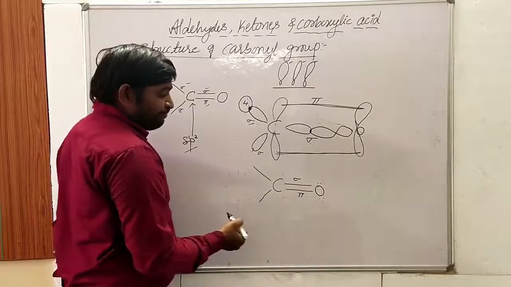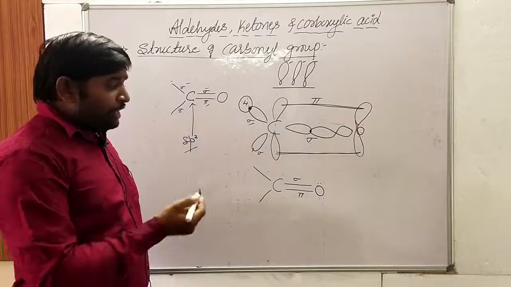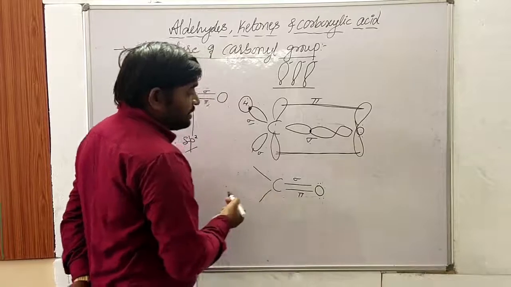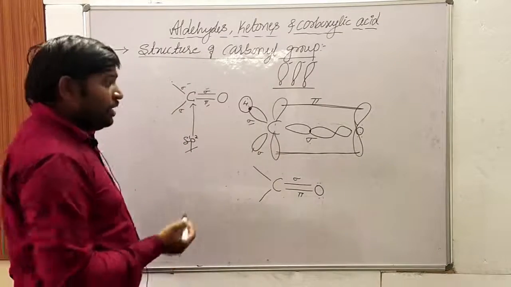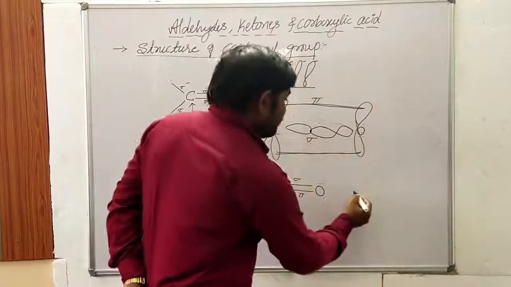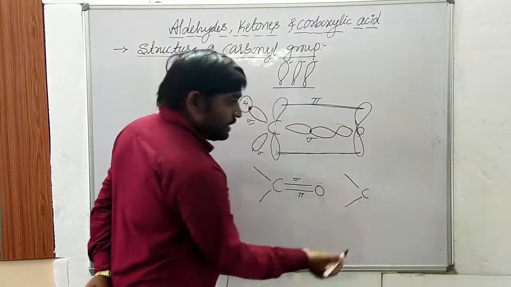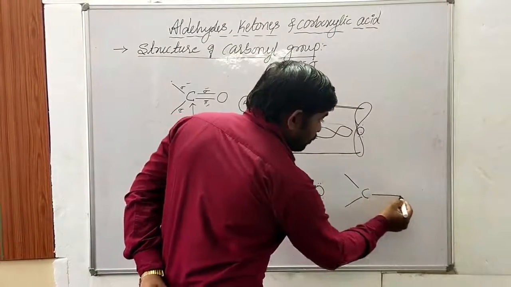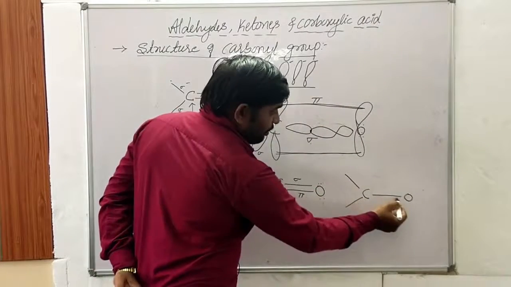This is the structure. So what is the geometry of this structure, how does it look? The geometry of this structure is considered trigonal planar. If you consider the carbon atom, the other two valences are satisfied by any other hydrocarbon group or hydrogen, and oxygen forms a double bond with carbon.